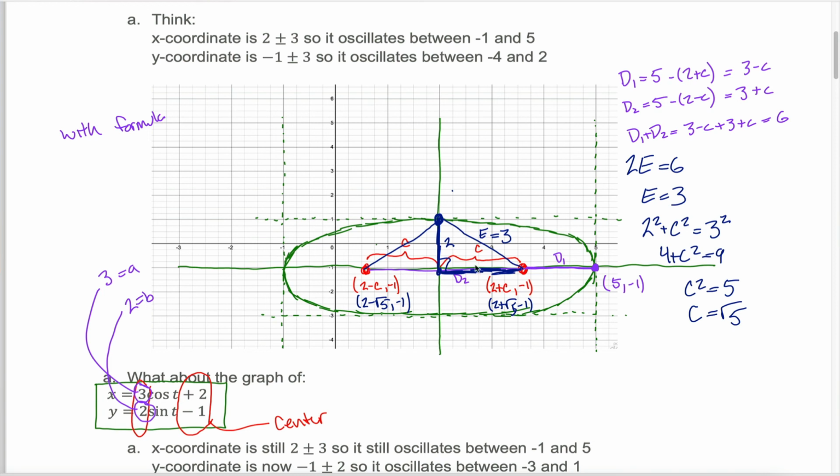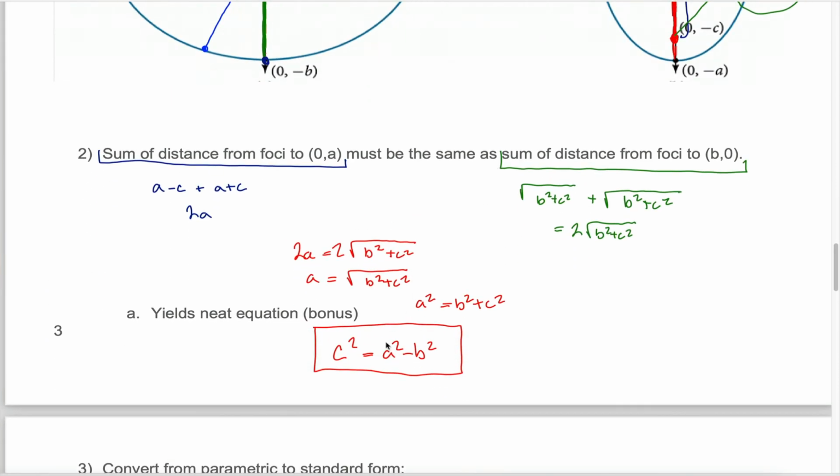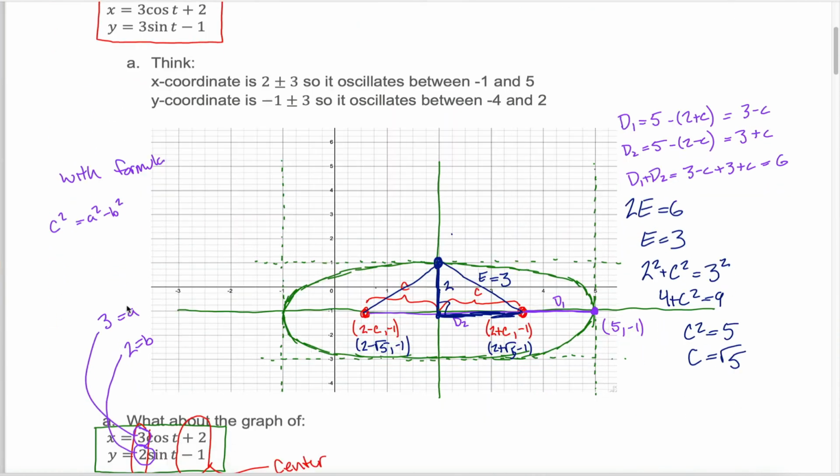If I wanted to know c, the distance from the center along the major axis to the focus, all I would have to do is say that c squared is always equal to a squared minus b squared, that cool little formula that we just came up with down here. And since I now have values for a and b, 3 and 2 respectively, I could figure out c pretty easily. 3 squared minus 2 squared is 9 minus 4, which is 5. So c squared is 5, which tells me that c is the square root of 5.